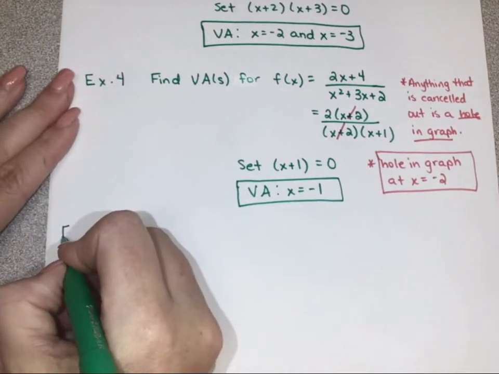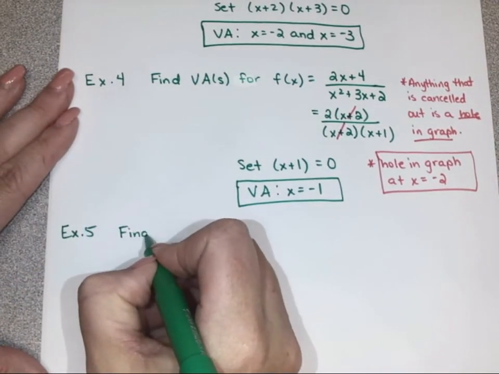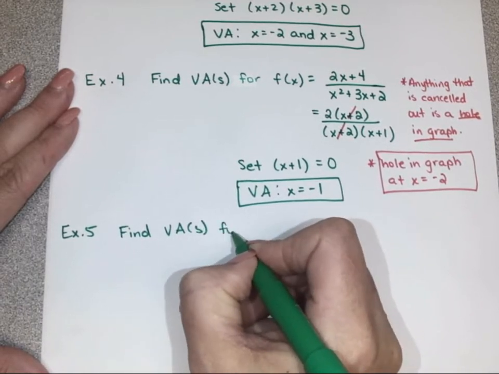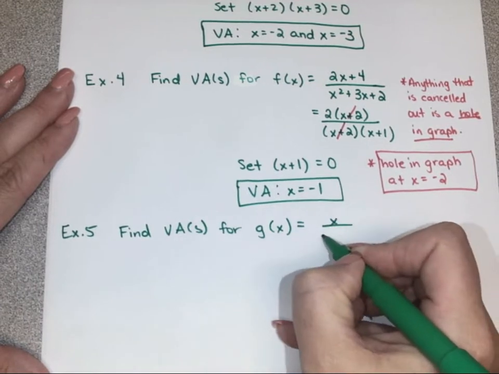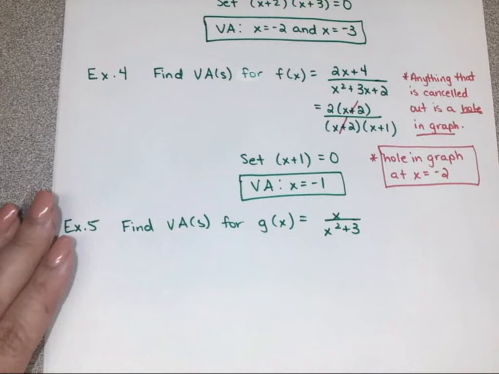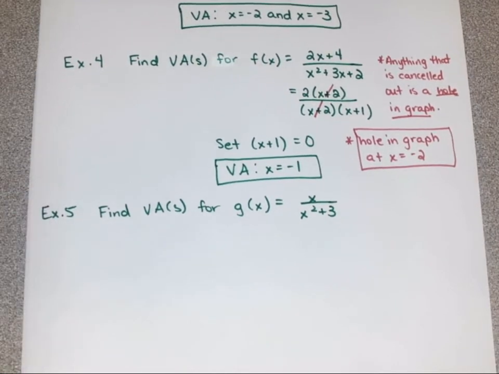Okay, so let's look at one more, and then we're going to switch to another kind of asymptote we can have in our graphs. So find the vertical asymptote, or possibly plural asymptotes, for x over x squared plus 3.